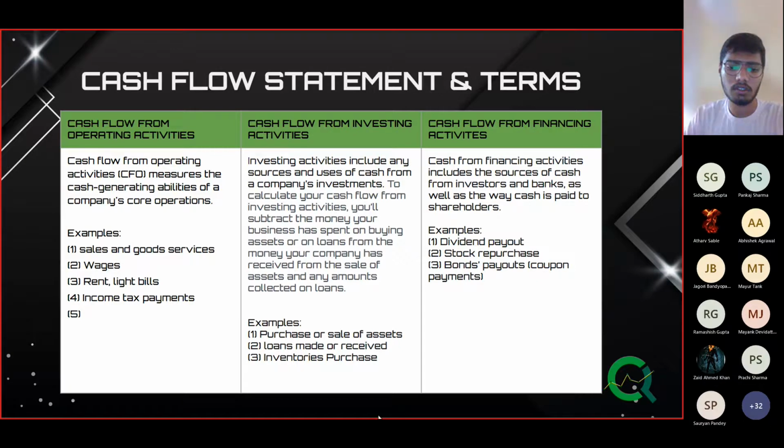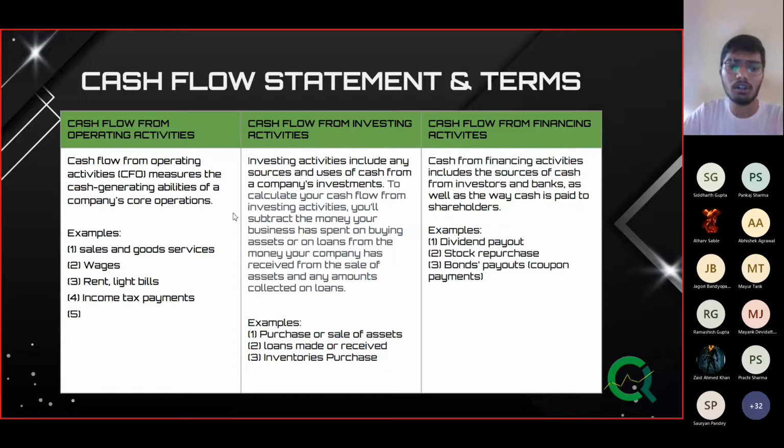The examples I have given are purchase or sale of assets, loans made or received, and inventory purchase. Suppose the company is using a milling machine. That is their investment actually, and it does not come under operating activities.